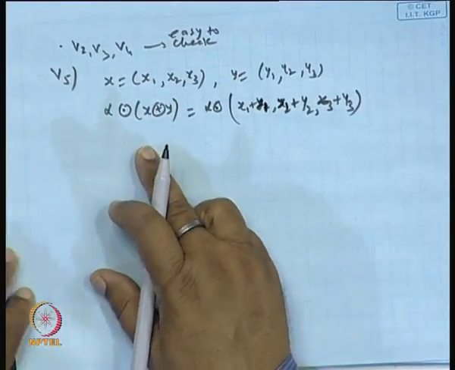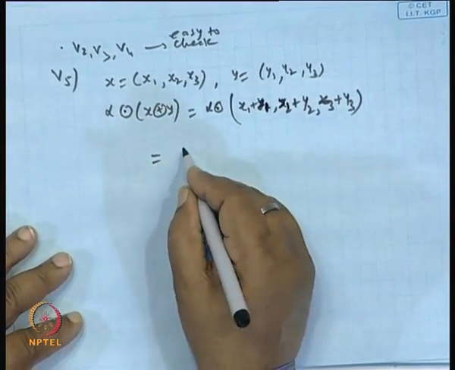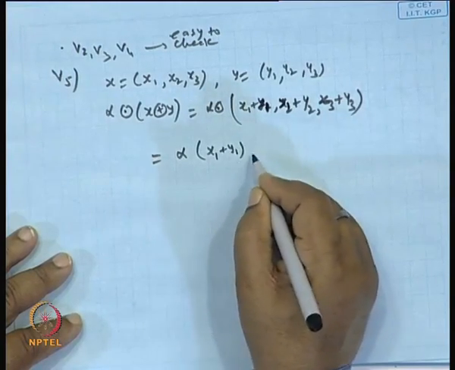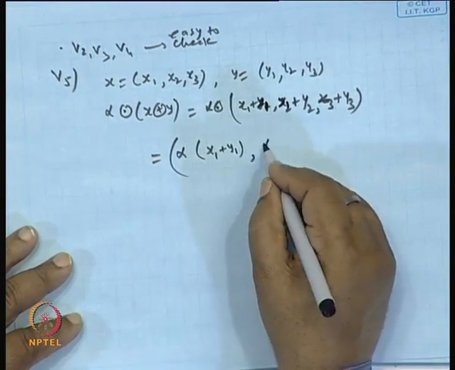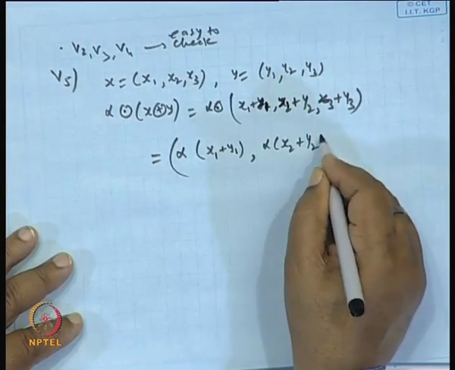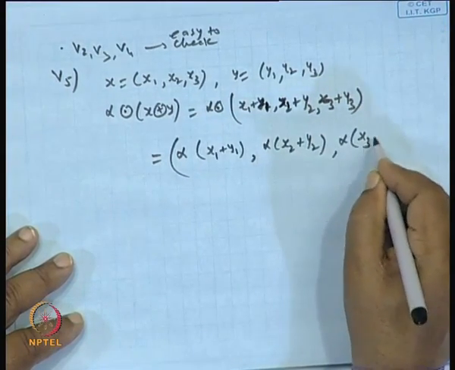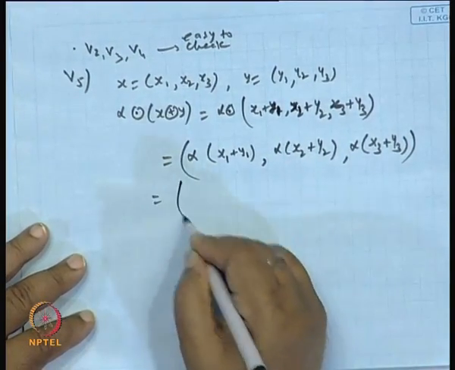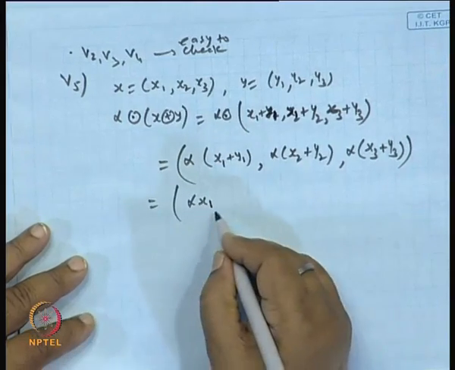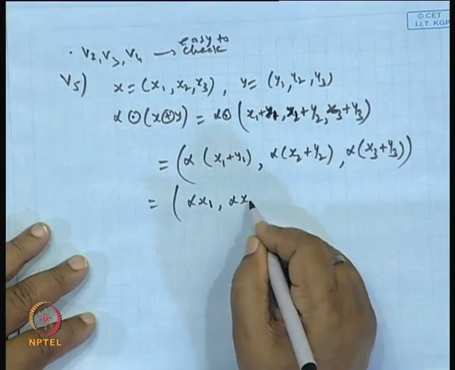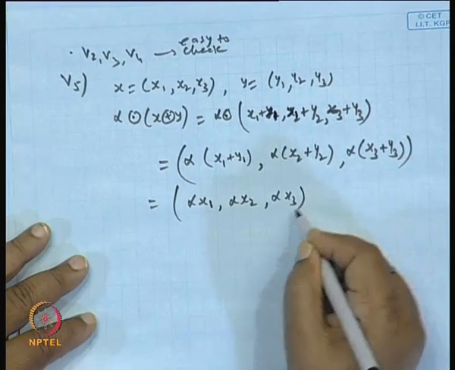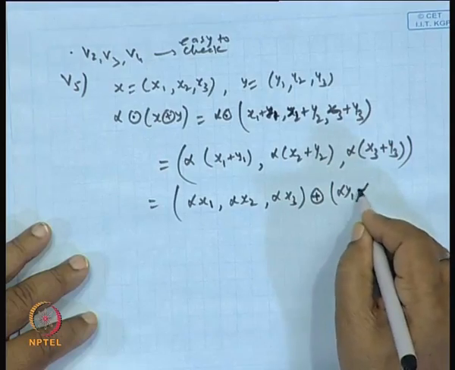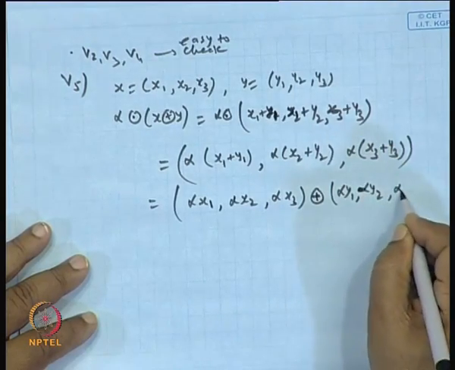That is alpha dot this; now multiply alpha by this. So, alpha times x 1 plus y 1, alpha times x 2 plus y 2, alpha times x 3 plus y 3, and then it can be written as alpha x 1, alpha x 2, alpha x 3 plus alpha y 1, alpha y 2, alpha y 3.